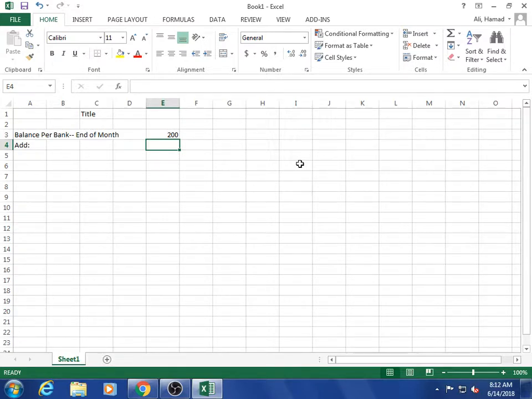And then we're going to add deposits in transit. Those are the checks that you deposited, and they don't show up yet.